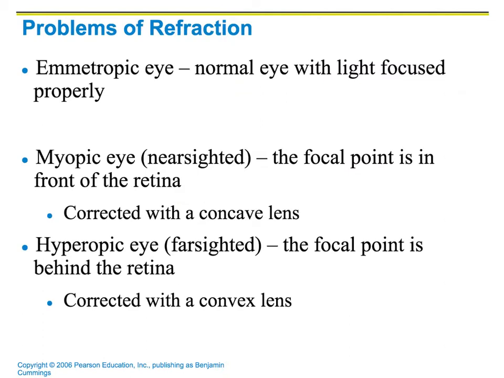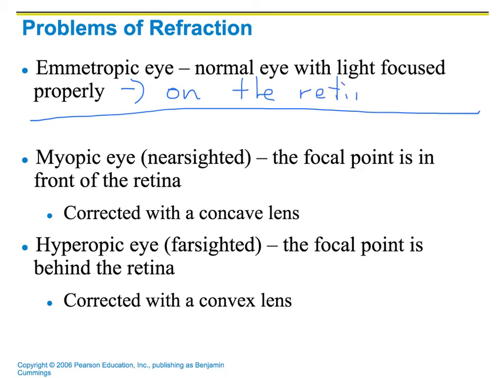Nearsighted versus farsighted. Remember, the emmetropic eye is a normal eye, and when we say normal, we mean that the image is focused properly on the retina, not in front, not behind, but on it. In nearsightedness or farsightedness, the image is not on the retina. In nearsighted, in which you can see near and have trouble seeing far, the image is in front of the retina.